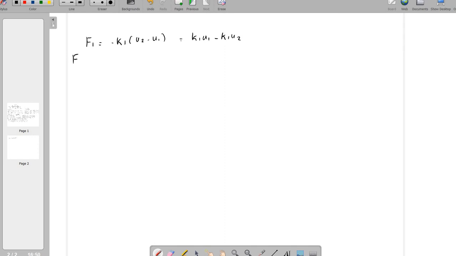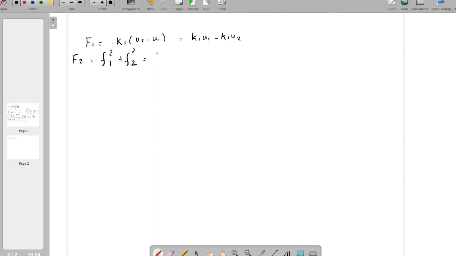The second, F2, is a combination of the first element at the second node and the second element at the second node. So we have to combine both the equations.